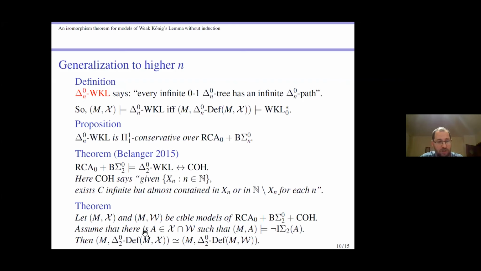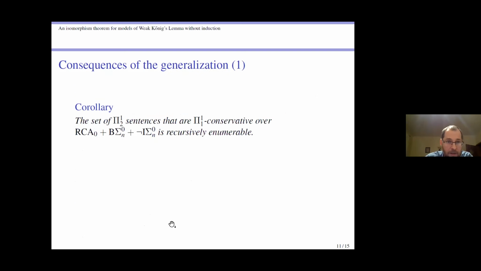Okay, so just around the corner, there are models that just add a little bit of stuff to X and to W, and these guys are going to be isomorphic. So that's the analog, or the relativization, of our theorem to n equals 2. That's what you actually get by these methods.